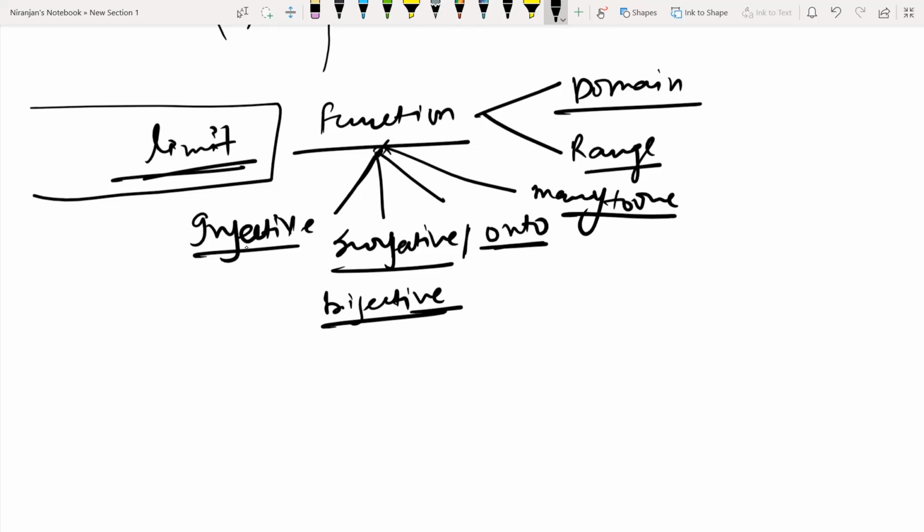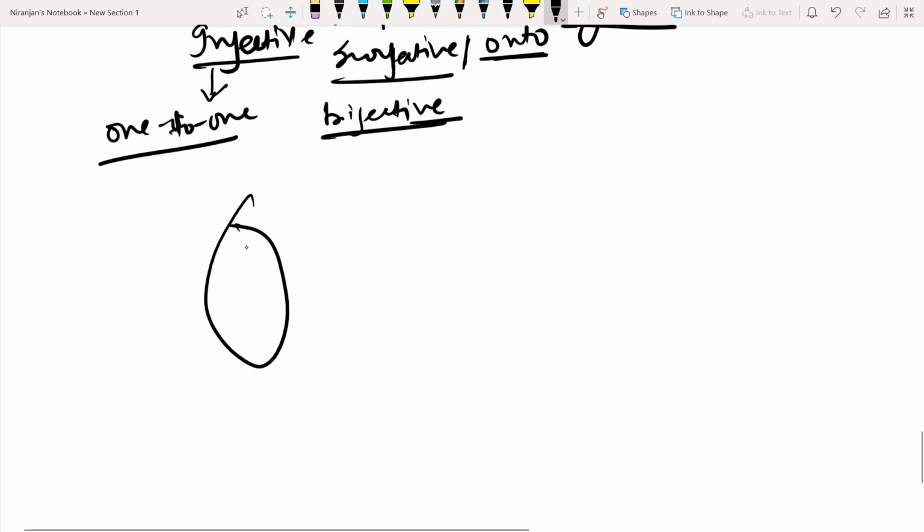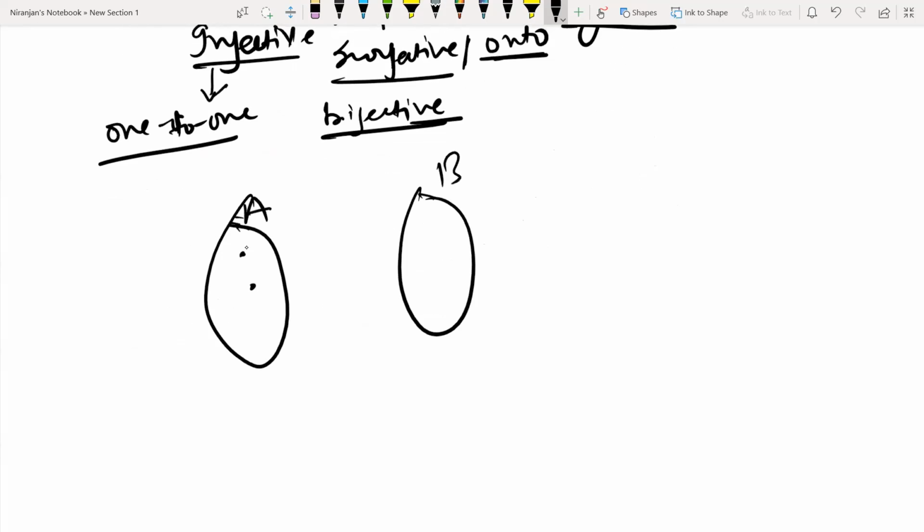What is injective function? Do you guys know that? We call one-to-one mapping. So if you have a function which maps each element from a particular set to each element on another set, then it is called, sorry, my definition was wrong. What I said, that's not correct, guys.